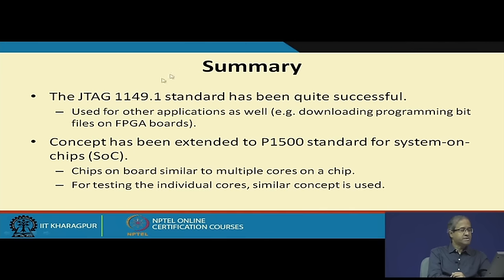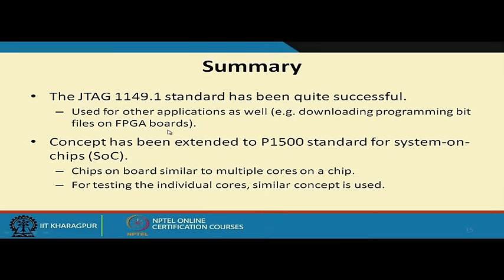To summarize, the JTAG 1149.1 standard has been quite successful in the sense that most of the chips we see today have this standard built in. And just as I said, they are used for other applications as well, which have nothing to do with testing, like the downloading of programming bit files on the FPGA boards.